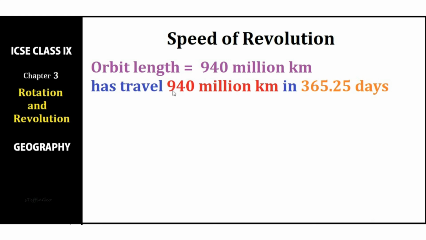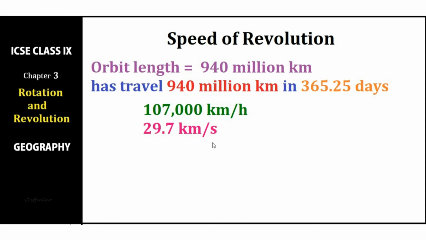So if we divide this distance by this many days, the speed of the revolution of Earth is about 107,000 kilometers per hour, and it is comparatively faster than anything that we have on Earth. When we shorten it down, it is around 30 kilometers per second. By the time you read 29.7 kilometers per second, Earth would have covered another 30 kilometers. So that is the speed of the revolution of the Earth.